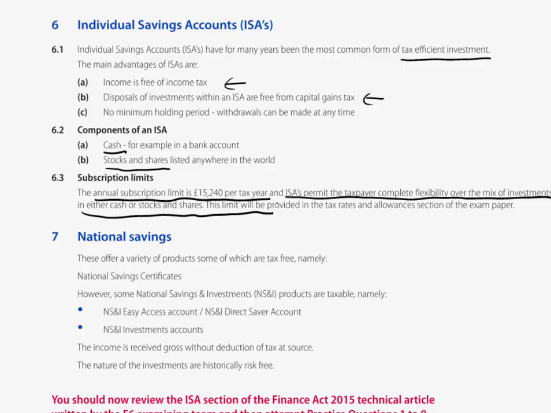That means that if you want to invest the full £15,240 in the 15-16 tax year, you could do so, and you could split that any way you want between deposits that will earn interest and the holding of stocks or shares that will earn either interest or dividend income. That level of 15,240 will be provided in the tax rates and allowances section of the exam paper, so that is not a figure to be learnt.